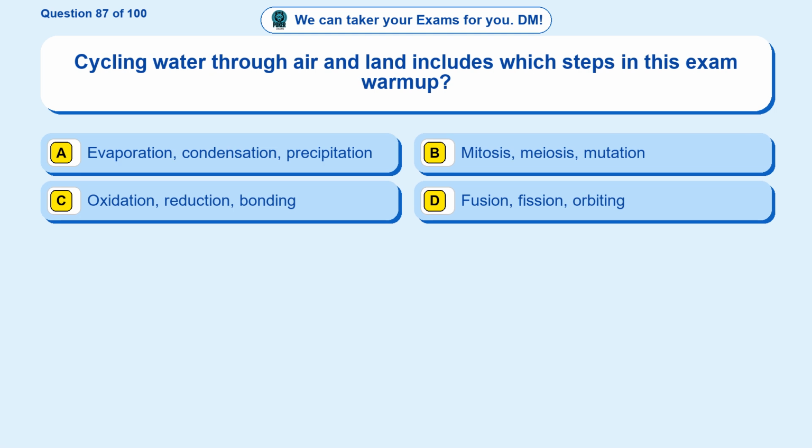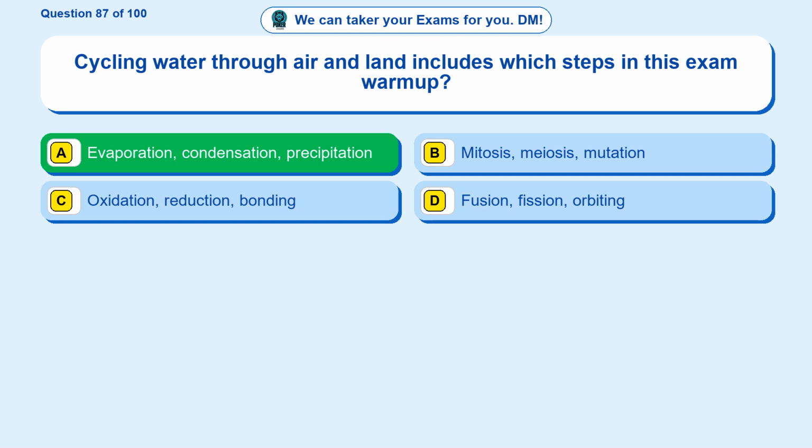Question 87. Cycling water through air and land includes which steps in this exam warm-up? Option A, evaporation, condensation, precipitation. Option B, mitosis, meiosis, mutation. Option C, oxidation, reduction, bonding. Option D, fusion, fission, orbiting.